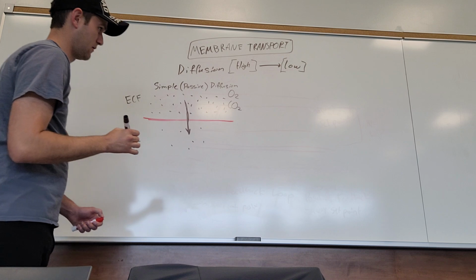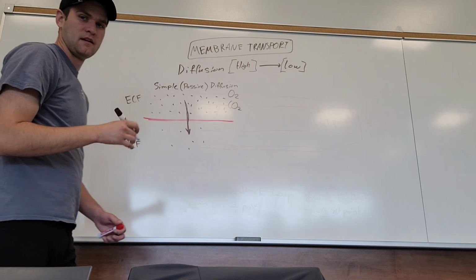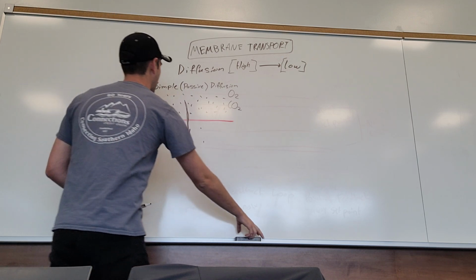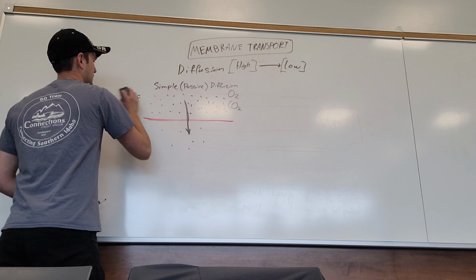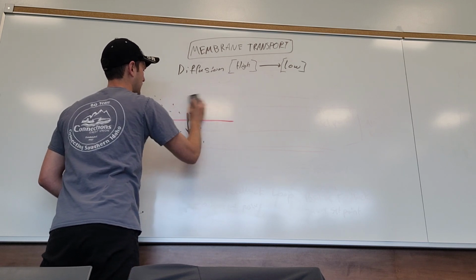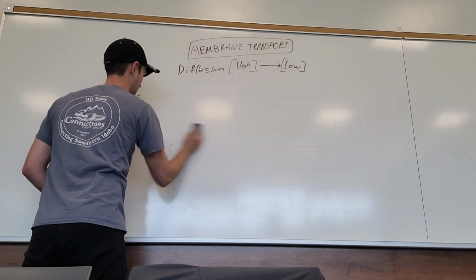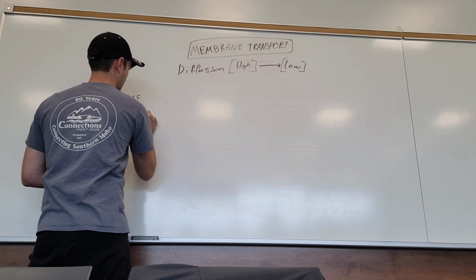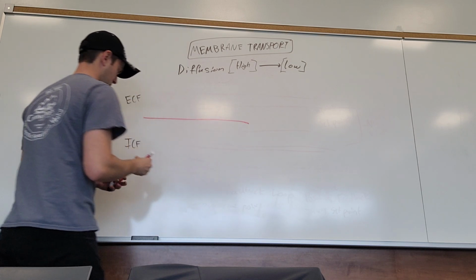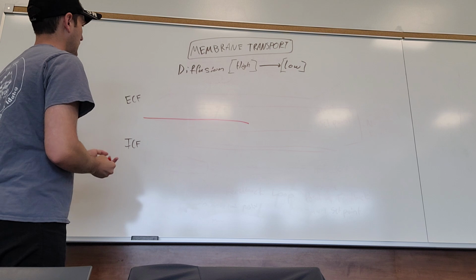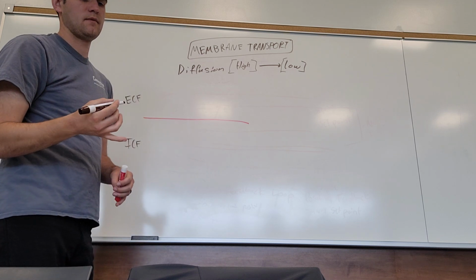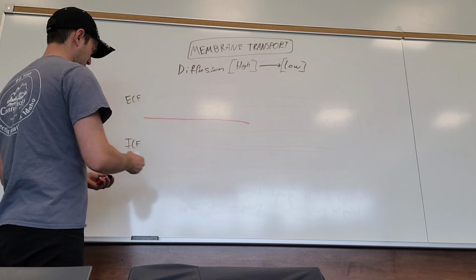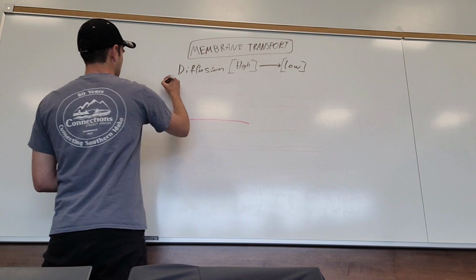So they're going to be able to do that. Okay, but not everything is able to do that. So let's erase all this, and keep our cell membrane though. Okay, so let's backspace. Going back to simple diffusion.